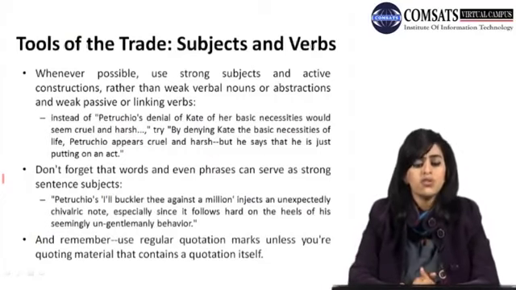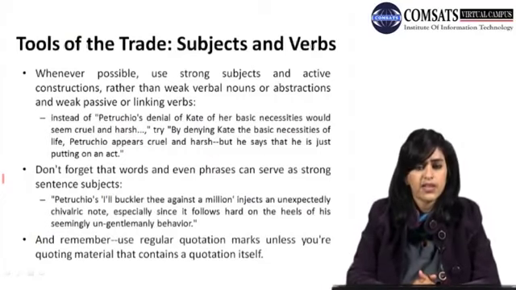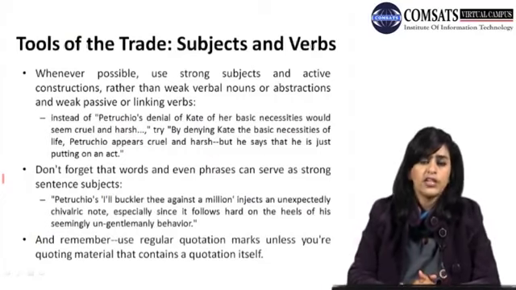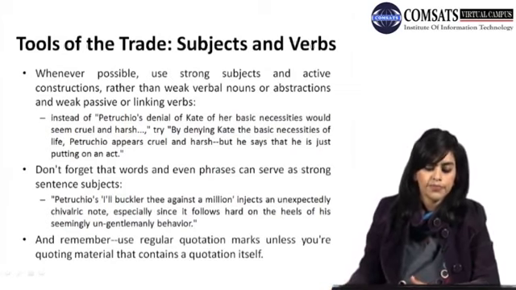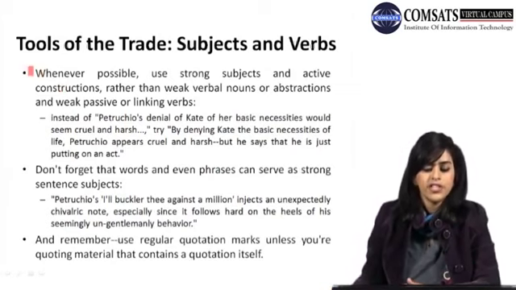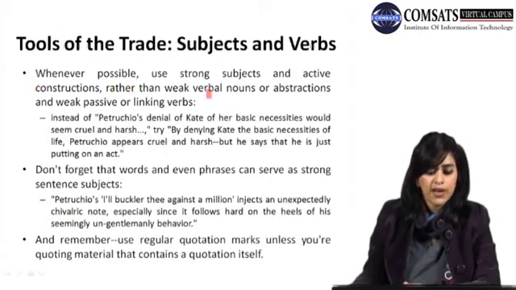Now there are tools of the trade, subjects and verbs, that you are supposed to use correctly while writing the literature essay. Let's see some examples. Whenever possible, use strong subjects and active constructions rather than weak verbal nouns and abstractions and weak passives or linking verbs.